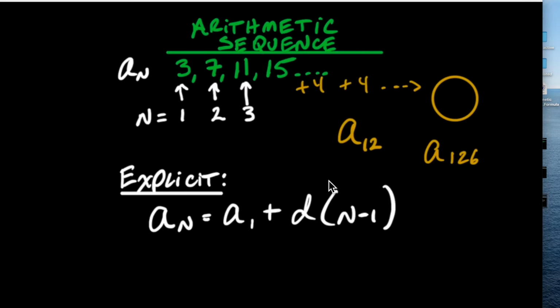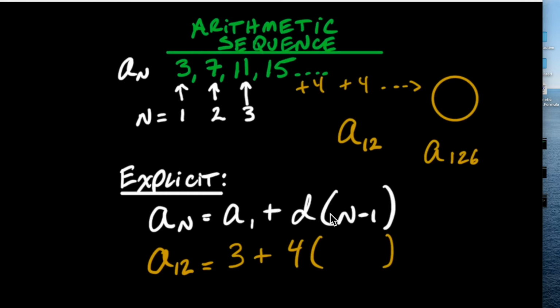Well, the first thing we do is we come down here and we look at our formula. All this is saying is the value at position 12, remember, I would have liked to use the word v. They used a. The value at position 12 equals the value at position 1, namely 3, plus the common difference, which is 4, times n minus 1.